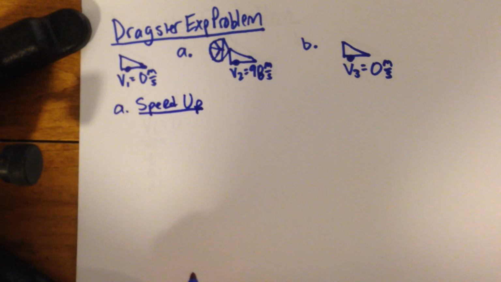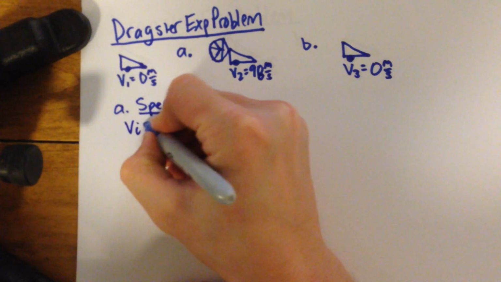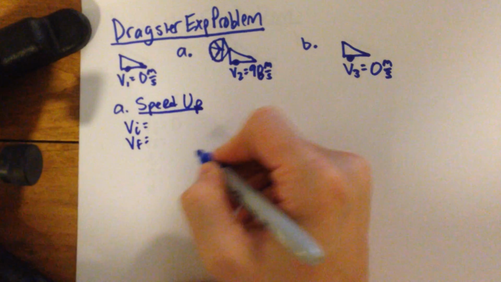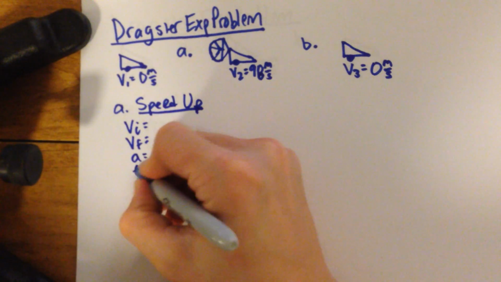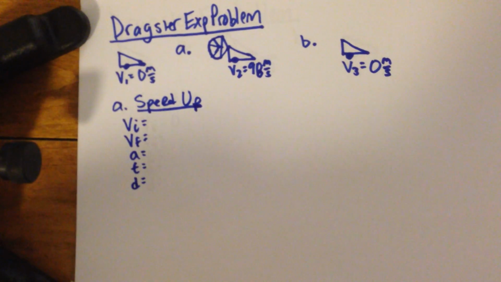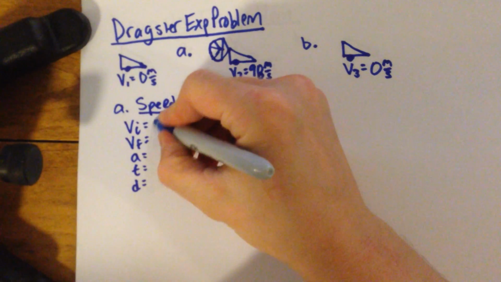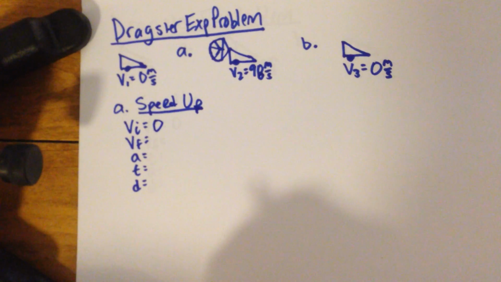So in the speed up part of the problem, we want to know what is the positive acceleration of that dragster, what's it able to achieve with its gas pedal there, right? So to start any kinematic problem, you've got to list your 5 givens here: VI, VF, A, T, and D. VI, at the beginning of its speed up section, it starts at rest, a velocity of 0.